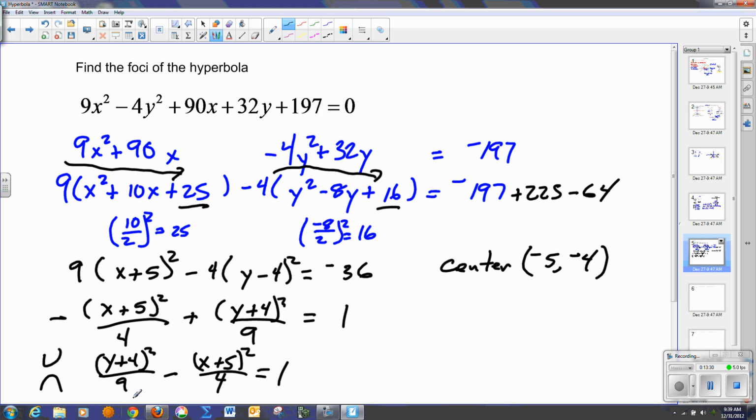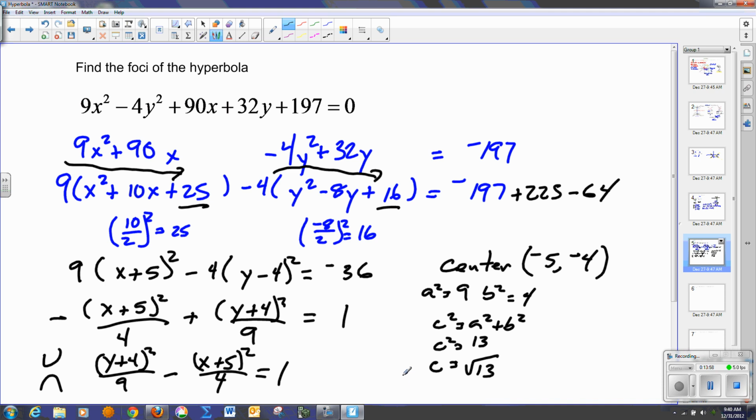And I'm going to need to find my c value. I have my a squared value, if you will, of 9, and my b squared value of 4, and I know c squared equals a squared plus b squared. So I know c squared is equal to 13, and c equals √13.